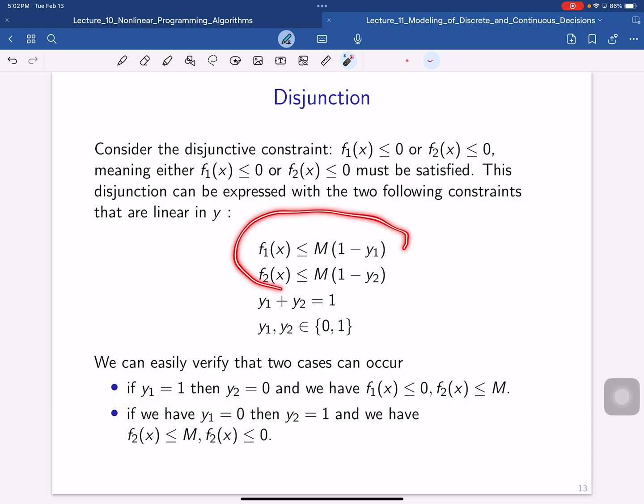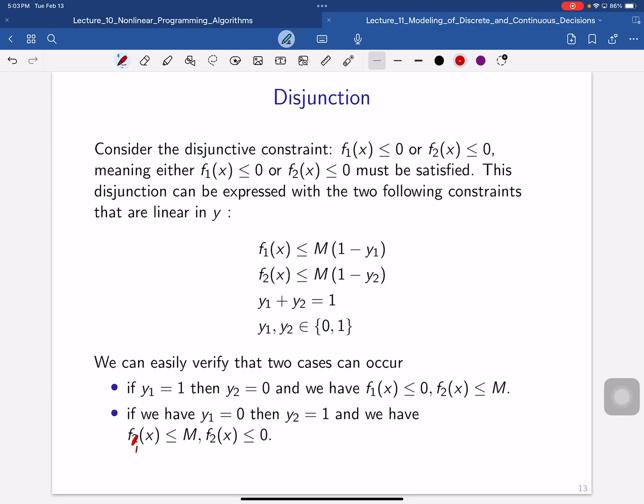Then these two inequalities reduce to f1(x) less than or equal to 0 and f2(x) less than or equal to a big M value. That means the first constraint has to hold, and the second constraint will hold trivially. You just pick a big M value that is large enough for it to hold. Similarly, by symmetry, if y1 equals 0 and y2 equals 1, then the second constraint holds, and the first should be f1 less than or equal to big M.